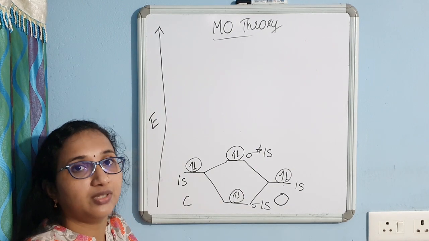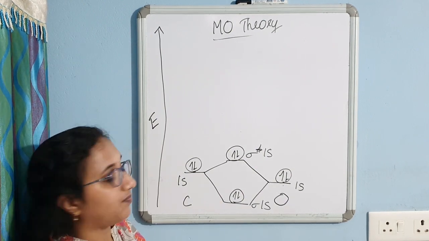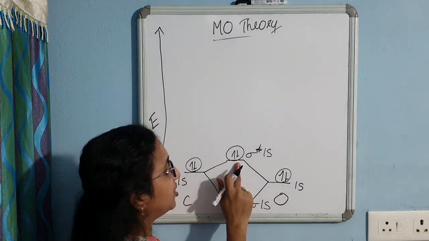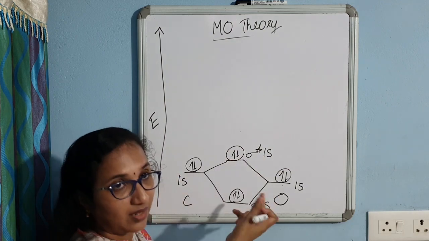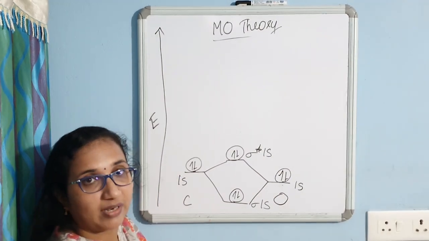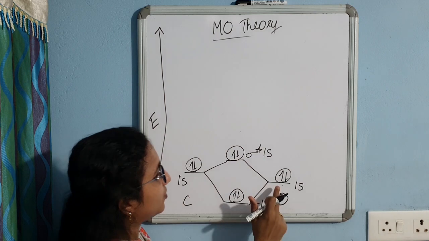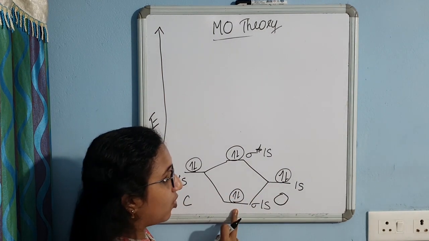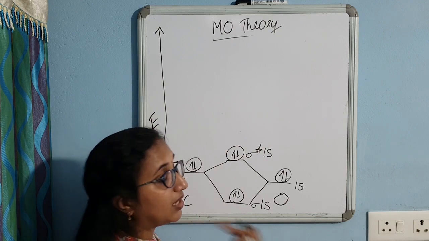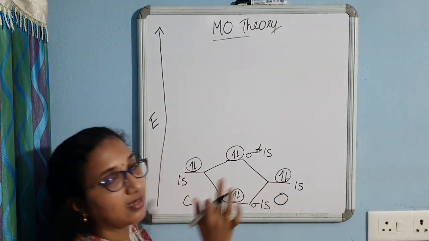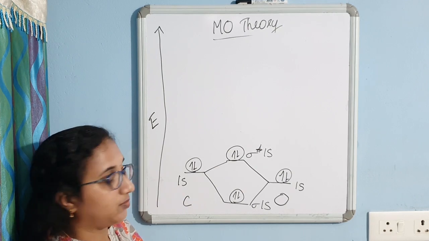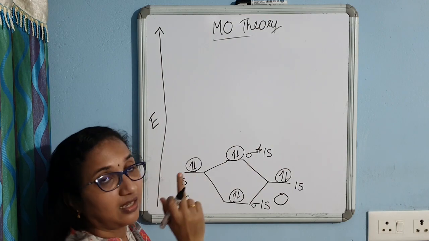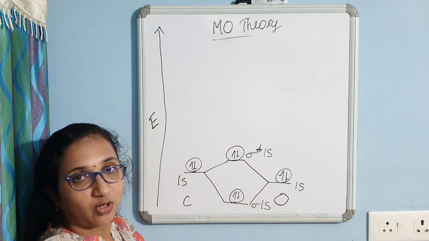This is in contrast to the homonuclear diatomic case, because in that case we know the bonding orbital and anti-bonding orbitals were equally spaced from the respective atomic orbitals, whereas in this case, since the oxygen atomic orbital has lower energy, the bonding orbitals are always closer to the oxygen atomic orbital, and anti-bonding orbitals are closer to the less electronegative element's atomic orbital.